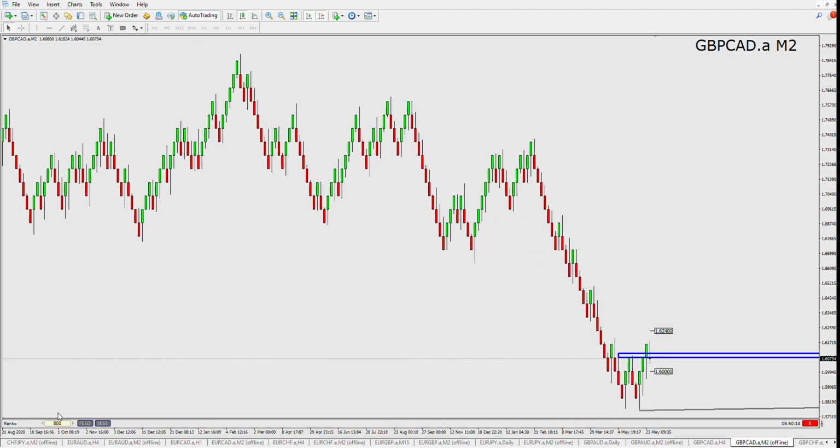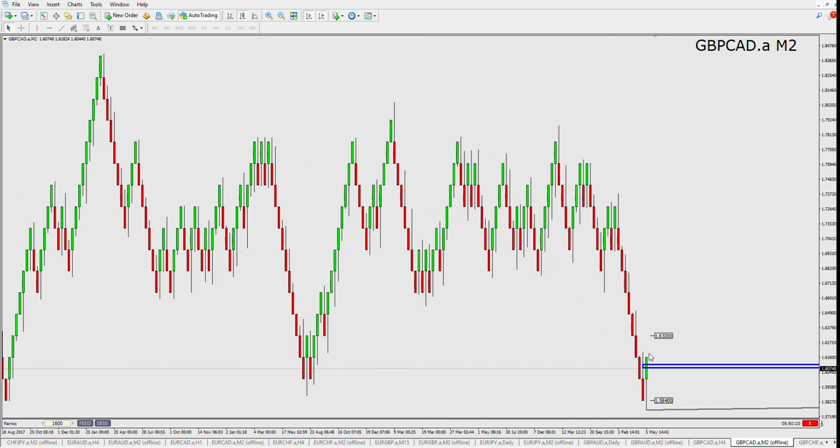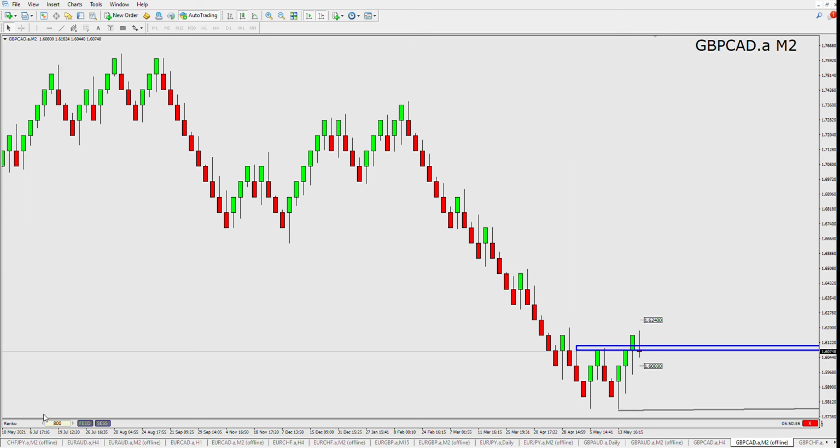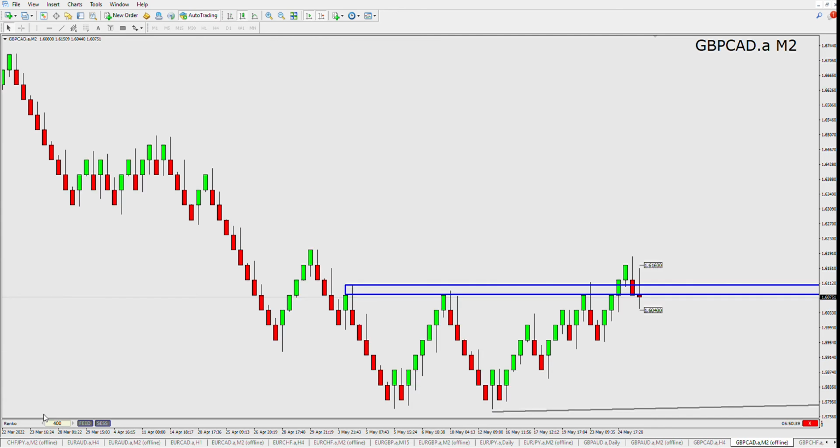Even on the 160 pip, as you see, there is already a strong break here, and 160 pip is a big Renko box size itself, and you see a very long wick here, a rejection of the price level, or of the support that it bounced from. Okay, and here is the 80 pip, and here is the 40 pip.